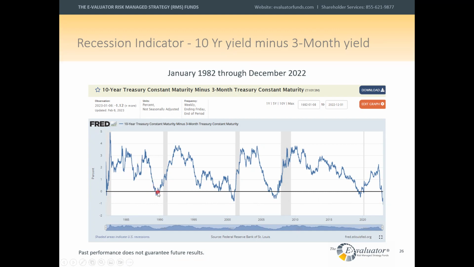So we can expect that with where it is today, as of January 6th of 2023, when this snapshot was taken, the difference between the 3-month T-bill and a 10-year bond was 1.12%. That's quite a difference.